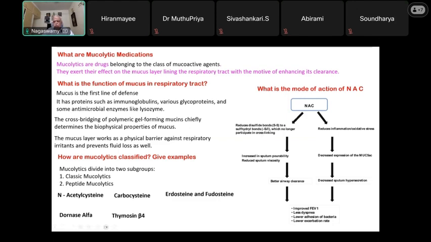So by preventing the cross-linking, it makes it easily breakable, increases sputum expectoration, reduces sputum viscosity, and causes better clearance. It also reduces inflammation and oxidative stress, decreases expression of mucin, and decreases sputum hypersecretion. All these things lead to improved forced expiratory volume, less dyspnea, lower bacterial colonization and a lower exacerbation rate.